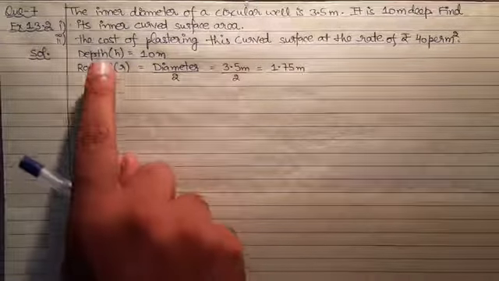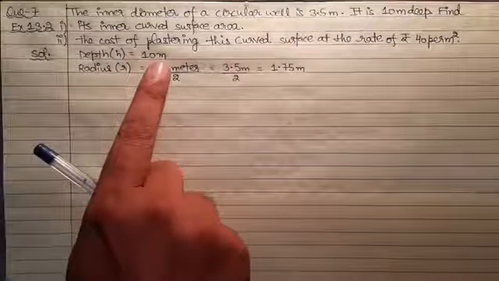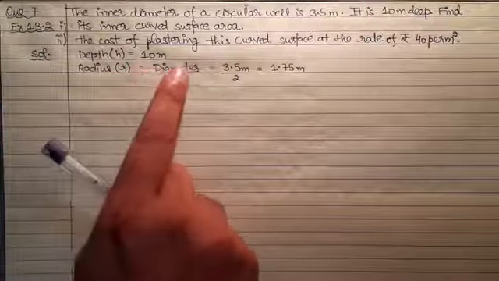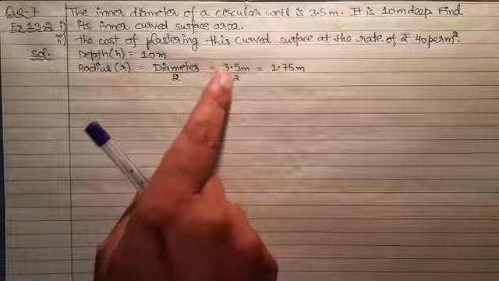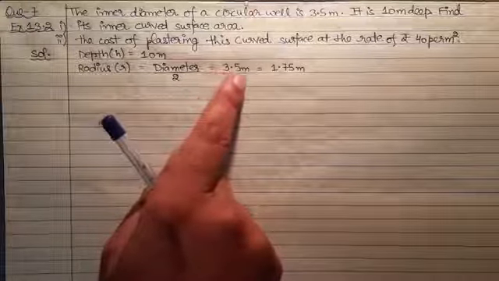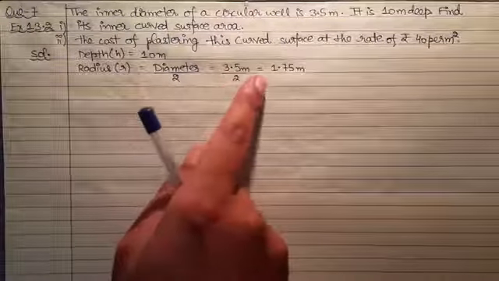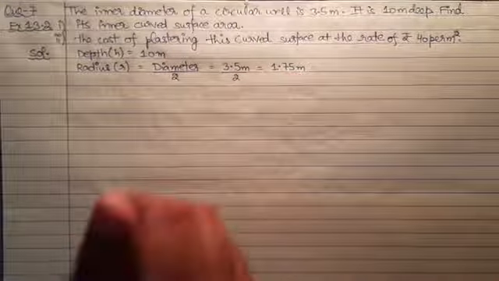Here, depth is the height of circular well, which is 10 meter. To find the radius, we use the formula diameter upon 2, because diameter is given in the question, which is 3.5 meter. When we divide it with 2, it will become 1.75 meter.